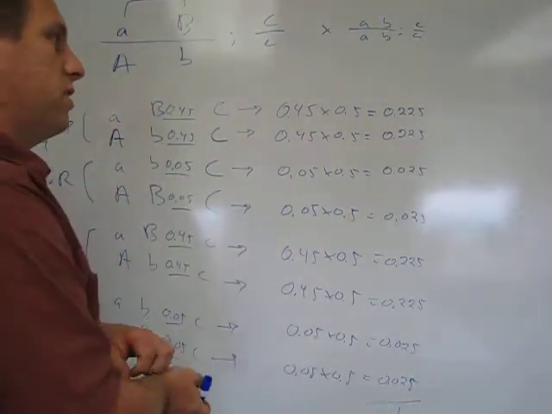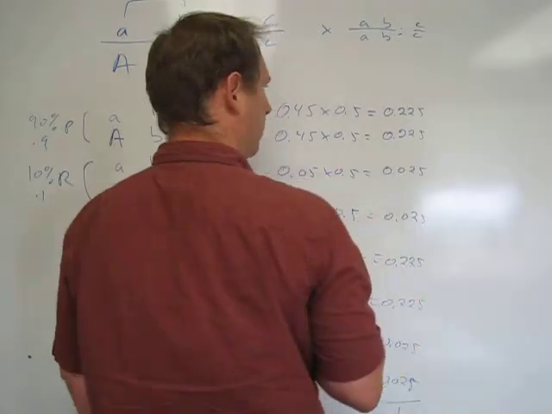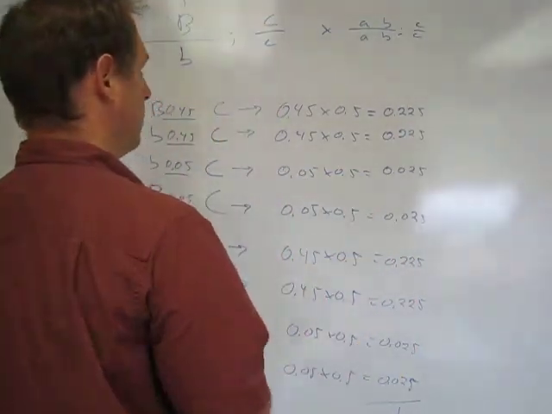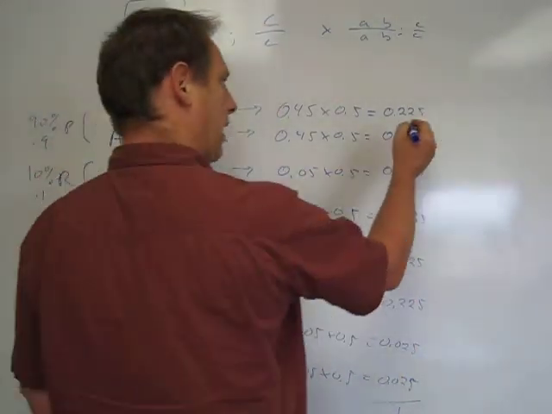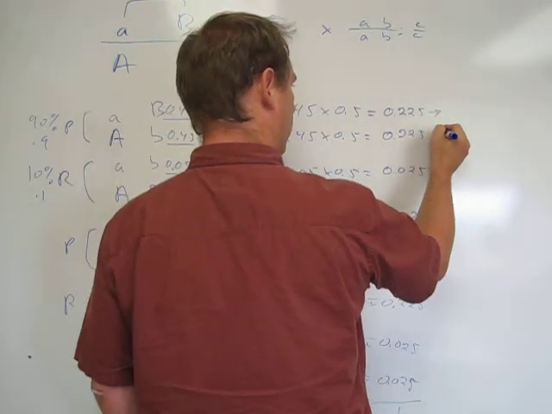Now these are frequencies, but remember, real data might look something like this. If you had 1,000 of these types of progeny, you might get data that looks something like this.